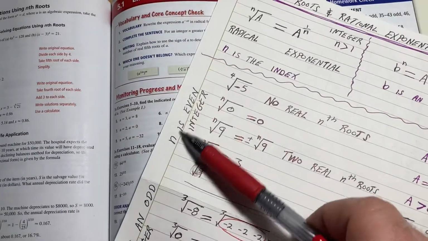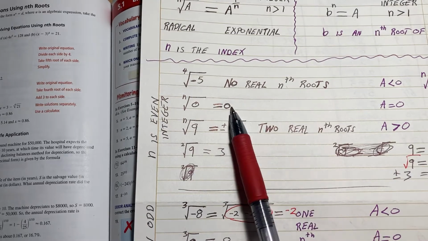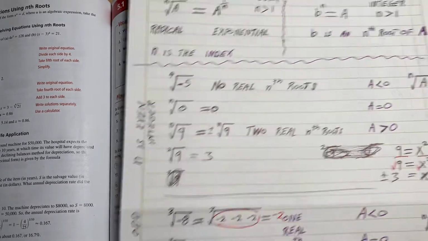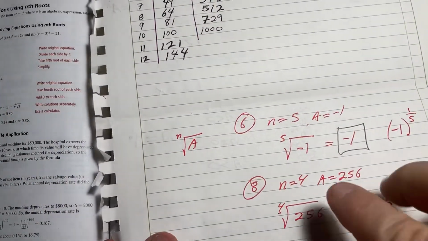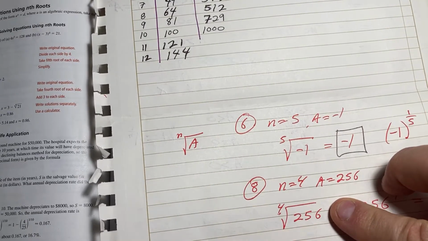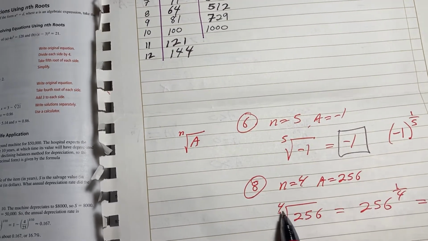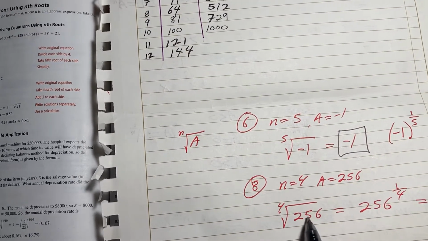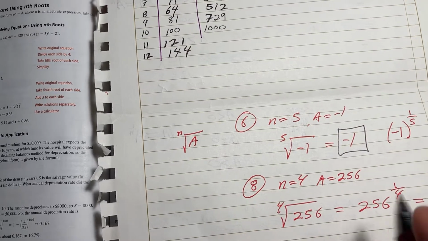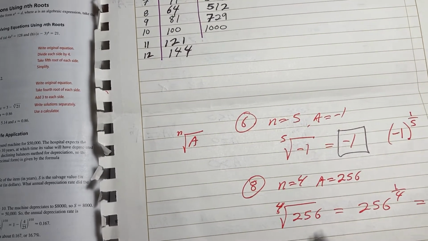When it's an even integer, you're either going to get no answers, one answer, or 2. There's no equal sign, it's just an expression. So here you won't get 2 answers, you're either going to get one answer or none. And if this inside here was a negative, you would not get any real answer. It would be imaginary. In this case, you're going to get 4.